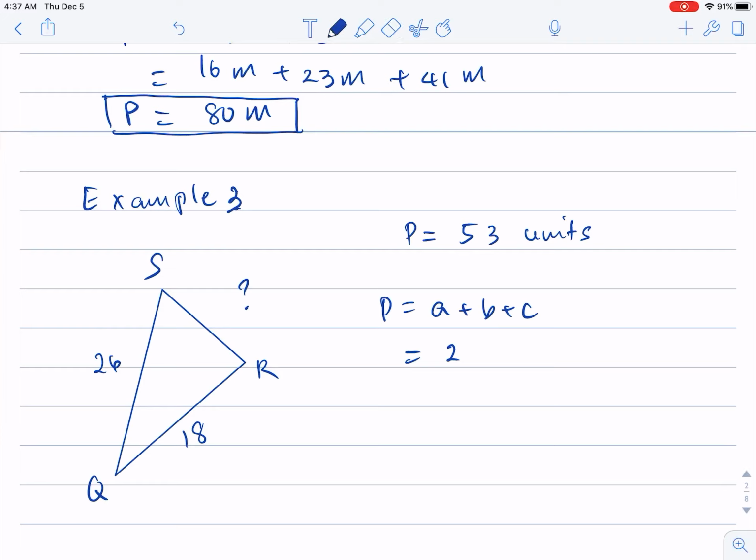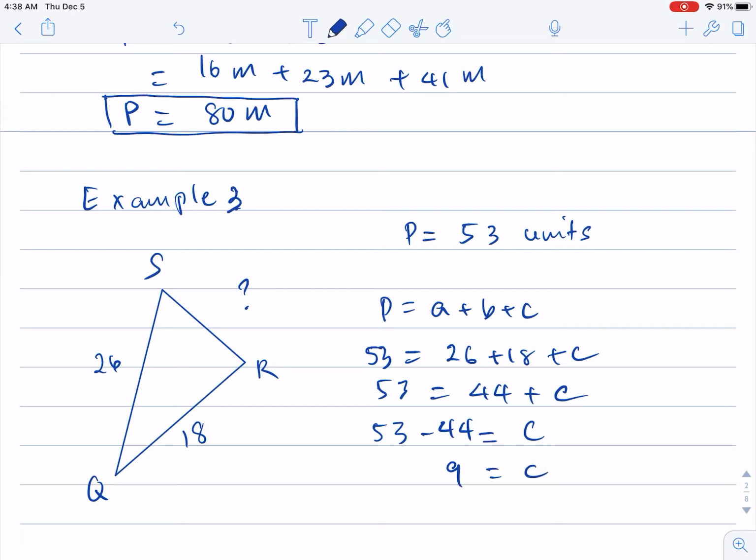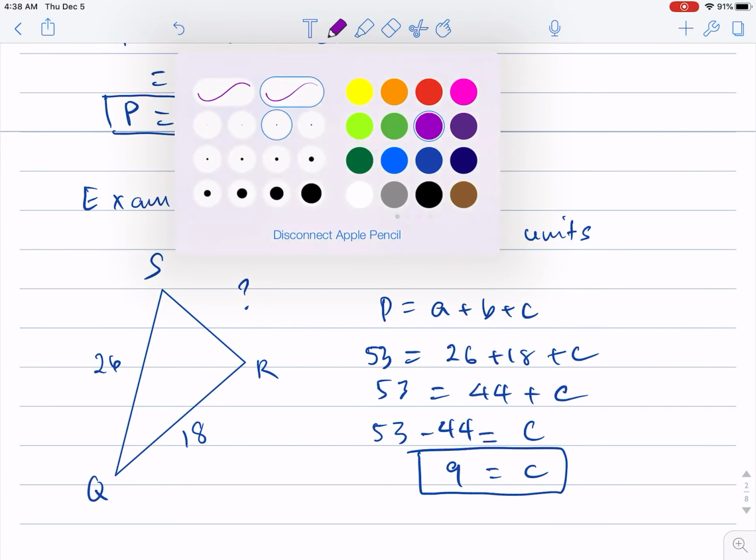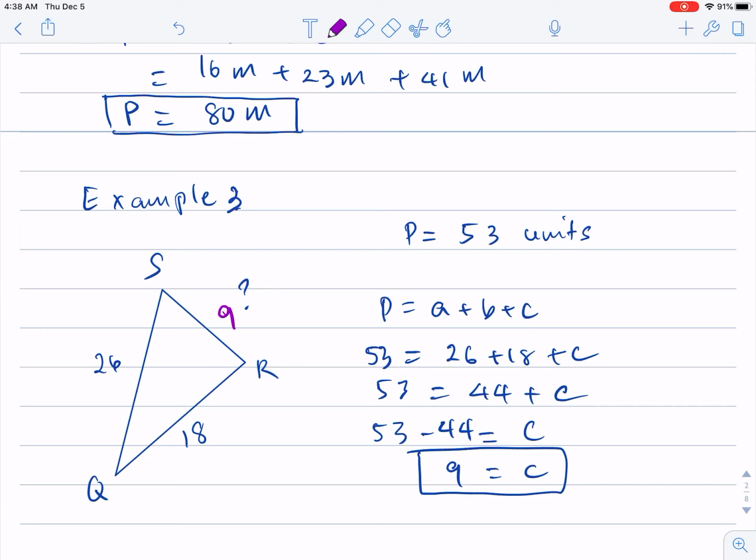So, 53 is equal to 26 plus 18 plus C. So, for example, if we let the unknown be C, so 53 equals, what is 26 plus 18? 44 plus C, no? And C is equal to 53 minus 44, which means that C is equal to 9, no? 9 units. So meaning this side, no, is equal to 9 units.